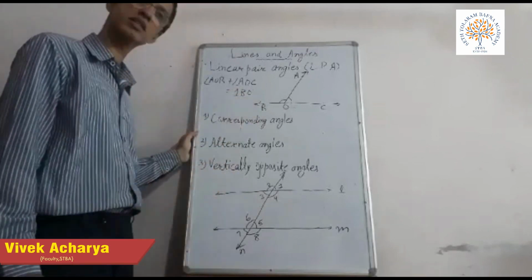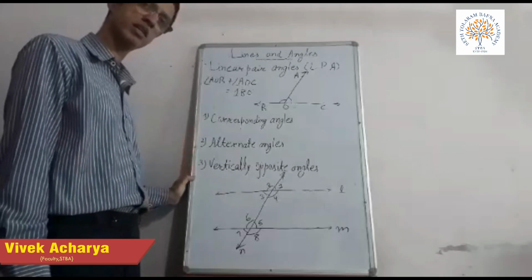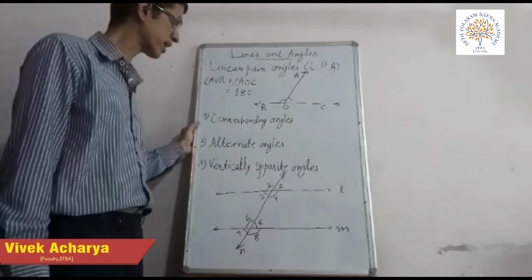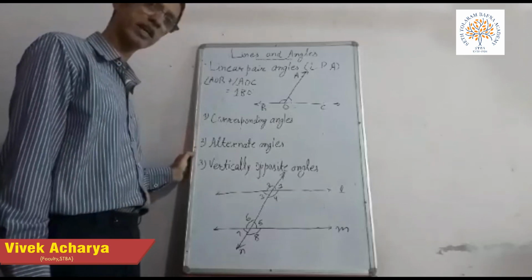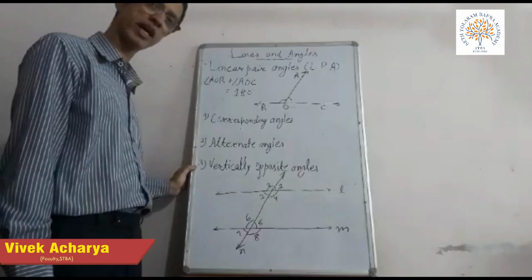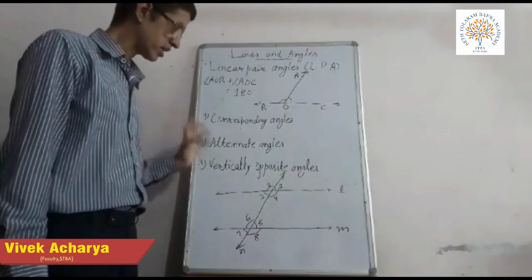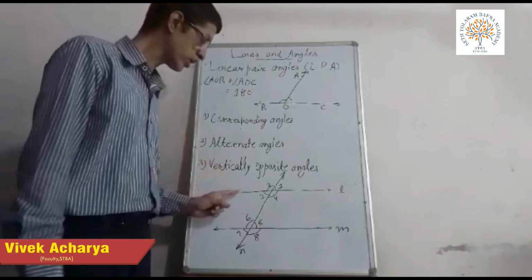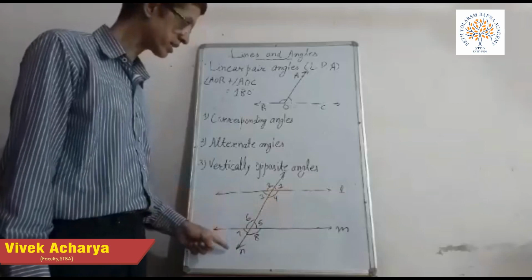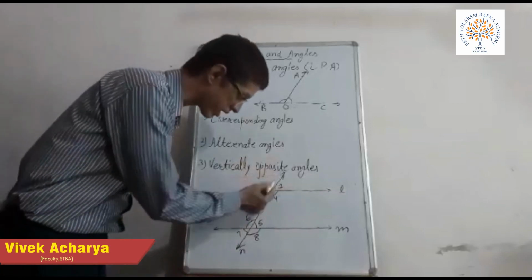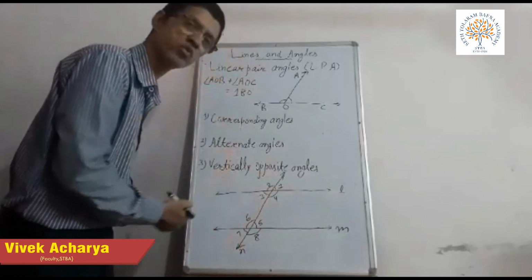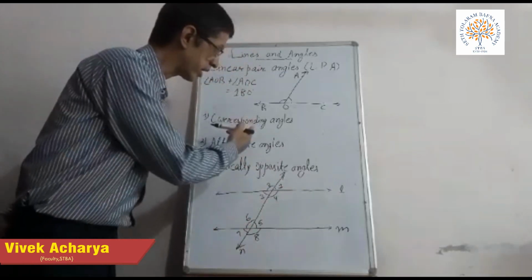Now, some very important angles are there. You can see their names. These are corresponding angles, alternate angles, and vertically opposite angles. Now students, if two lines, you can see here, L and M, are intersected by another line N, then these angles are formed.